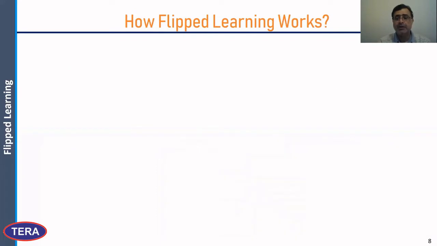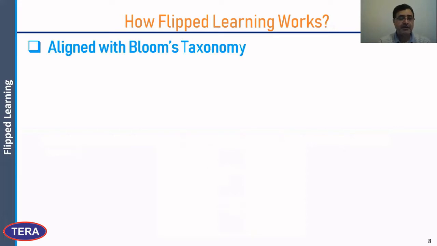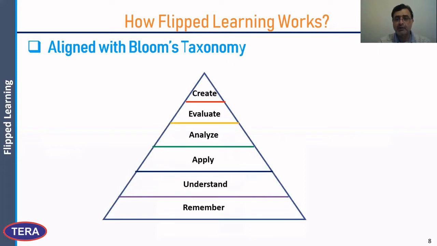Now let's try to understand how flipped learning works. Flipped learning aligns perfectly with Bloom's taxonomy, and we all are aware of Bloom's taxonomy, which is a way of categorizing cognitive tasks in terms of their difficulty or complexity. It was developed around the 1950s and updated in 2000.